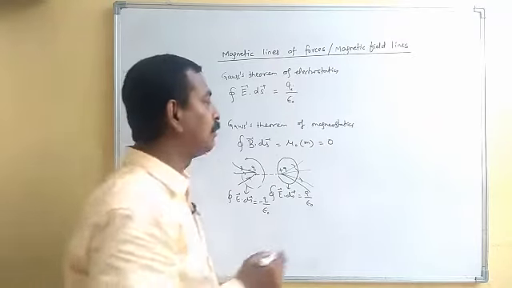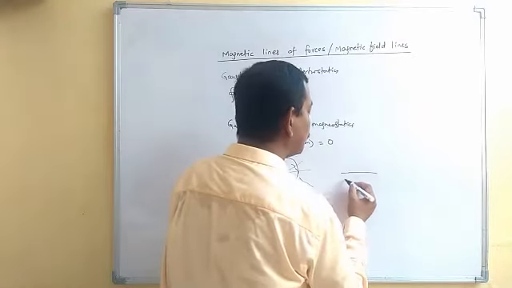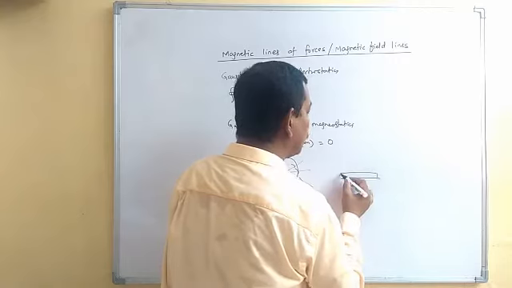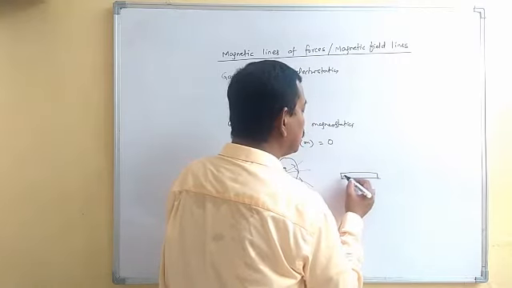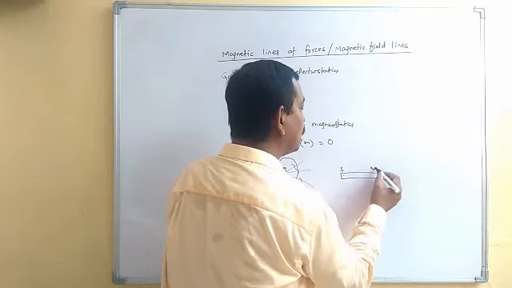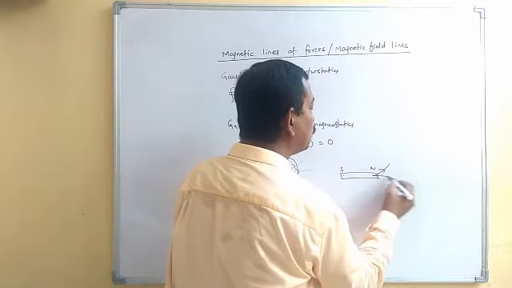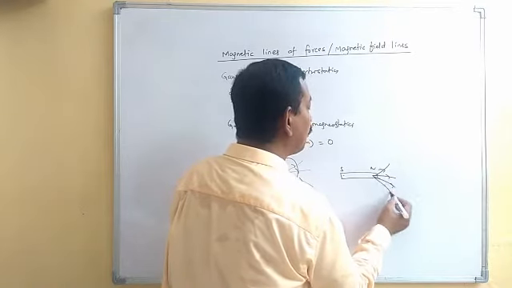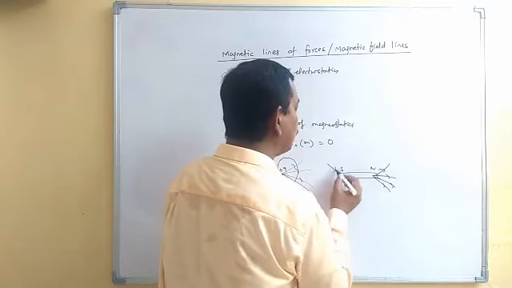But if I take a magnet, here if you have this as the South Pole, this as the North Pole, so lines of forces will originate from here, they will terminate here.